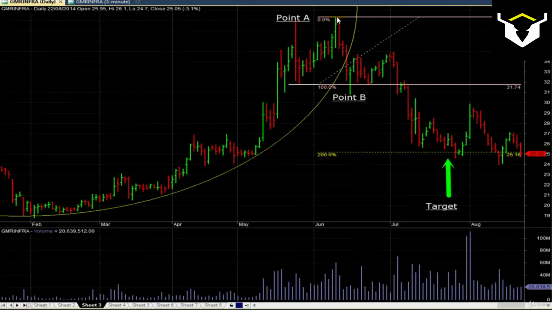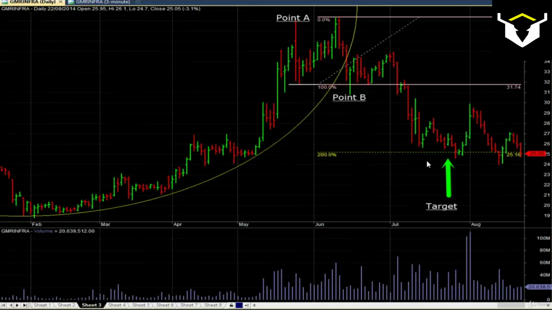That is, if this is 0 and this is 100%, then I have plotted 200%. That is the equal distance from this point. So 200% comes at this level, and this is the general profit target while trading this head and shoulder pattern.